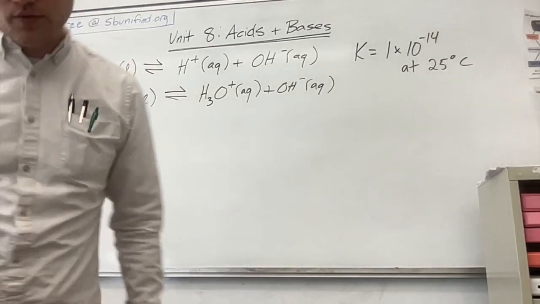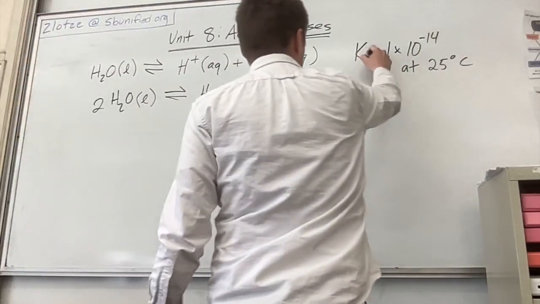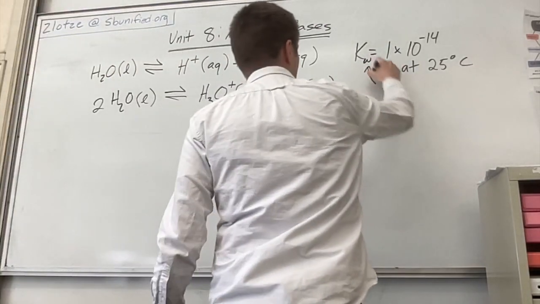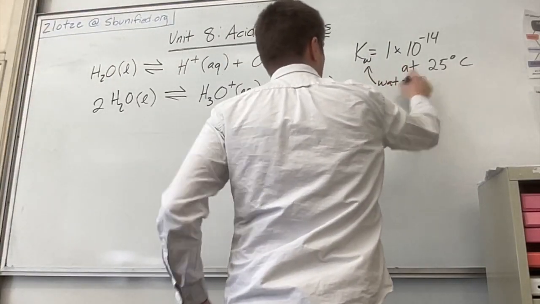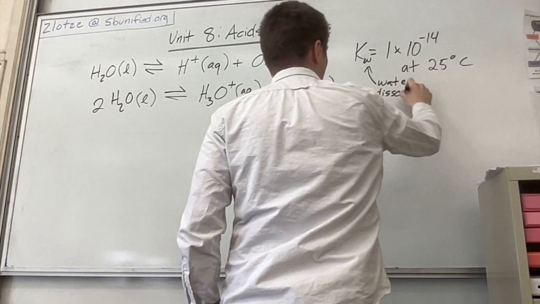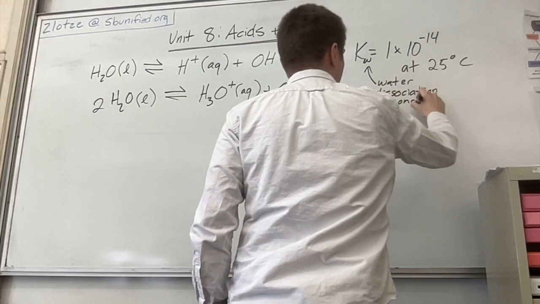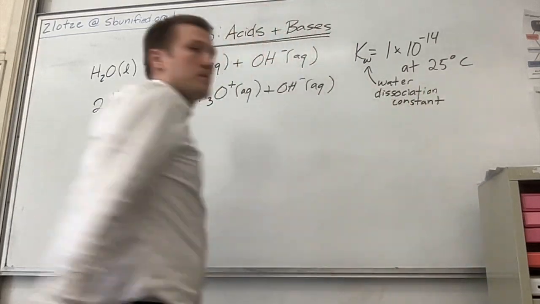And so this is called the K for that reaction, or that dissociation, 1 times 10 to the minus 14, called KW. That's sometimes called the water dissociation constant, or the water constant. Is K like the thing where you do the products over reactants?